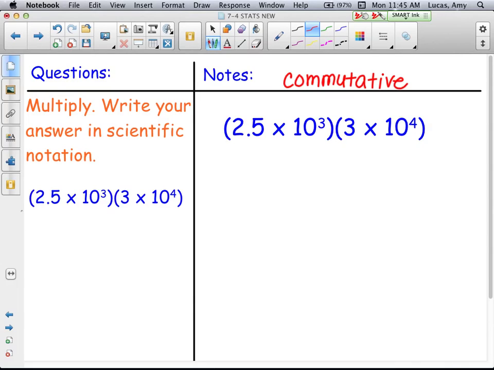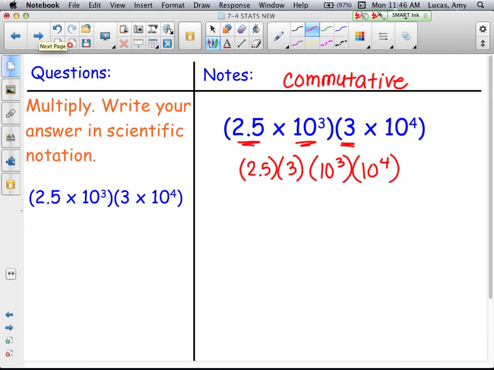The commutative property for multiplication says that it's okay to change the order of what you're multiplying. So I'm going to take the 2.5 and the 3 and multiply them together, and then multiply my exponents or my powers, 10 to the third power times 10 to the fourth power.